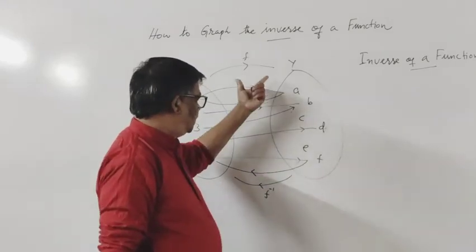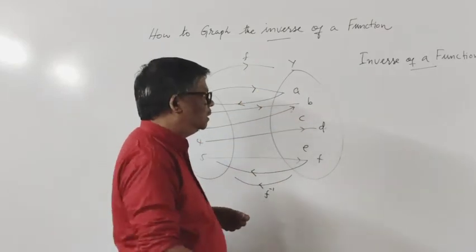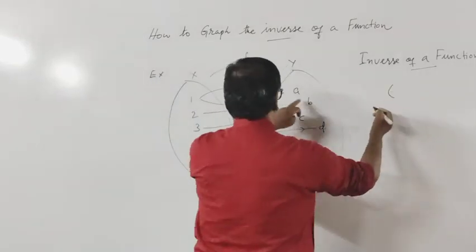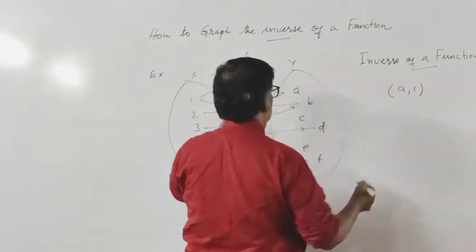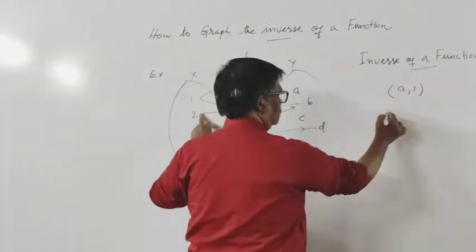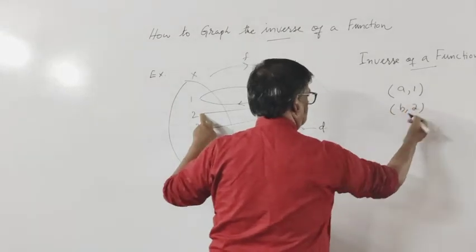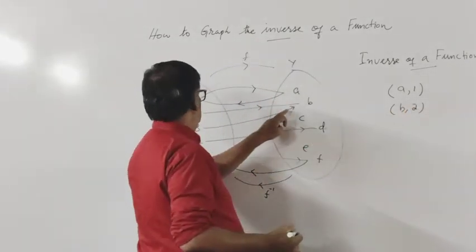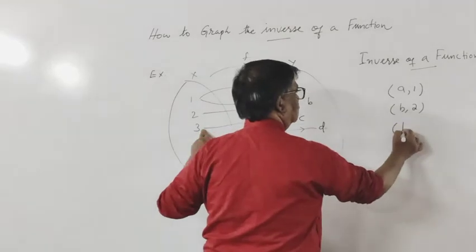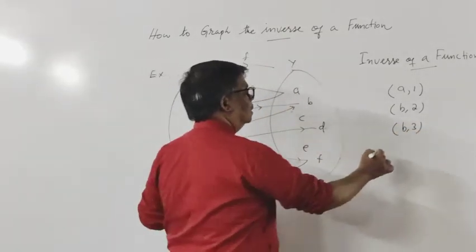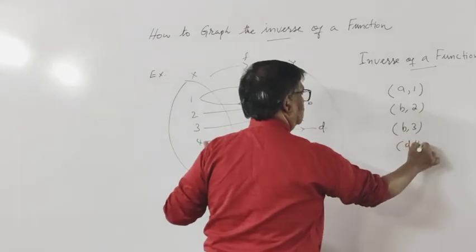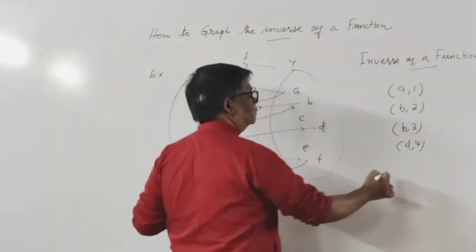Now, the ordered pairs of this f inverse can be written like this. Ordered pair A1, ordered pair B2, ordered pair B3, ordered pair D4, and ordered pair F5.